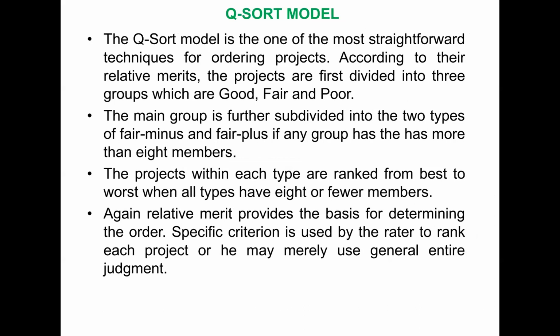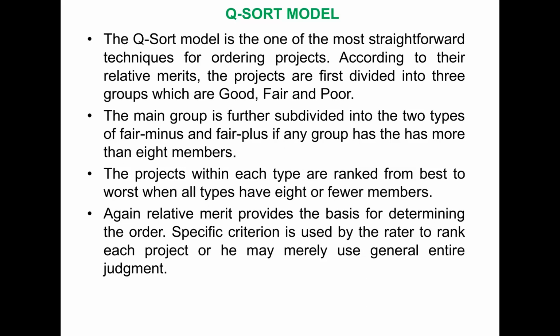The main group is further subdivided into 2 types, fair minus and fair plus. If any group has more than 8 members, then the projects within each type are ranked from best to worst, until all types have 8 or fewer members. So again, the relative merit provides the basis for determining the order.